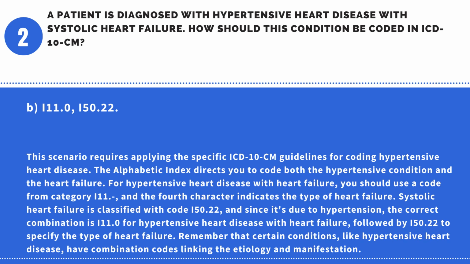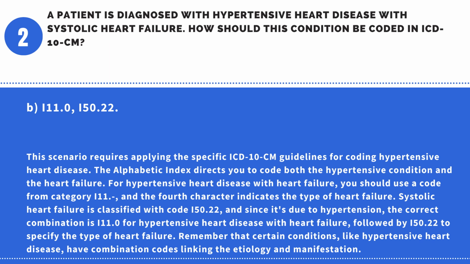Answer: B. I11.0, I50.22. This scenario requires applying the specific ICD-10-CM guidelines for coding hypertensive heart disease. The alphabetic index directs you to code both the hypertensive condition and the heart failure. For hypertensive heart disease with heart failure, you should use a code from category I11, and the fourth character indicates the type of heart failure.